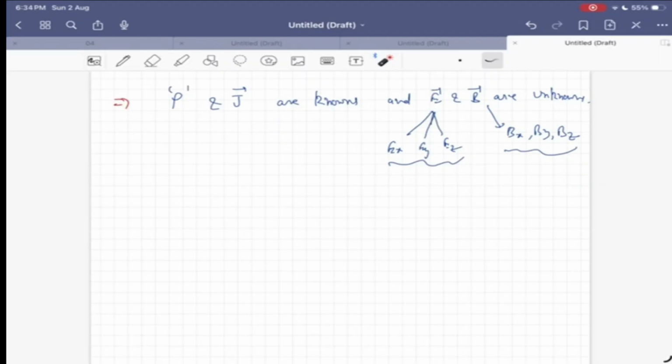Therefore, there are two possibilities: either some of the equations are redundant, that is they don't give any extra information, or maybe there is no solution.